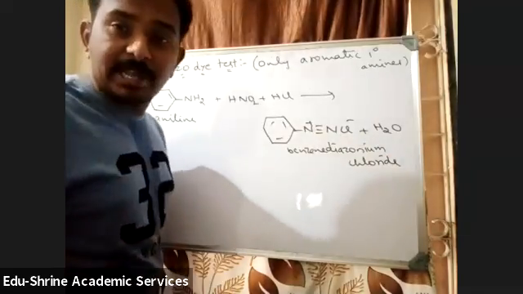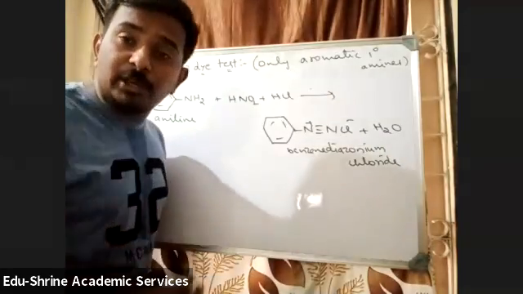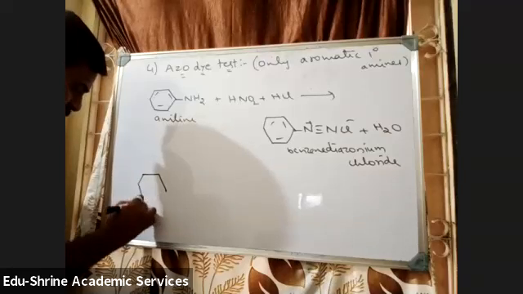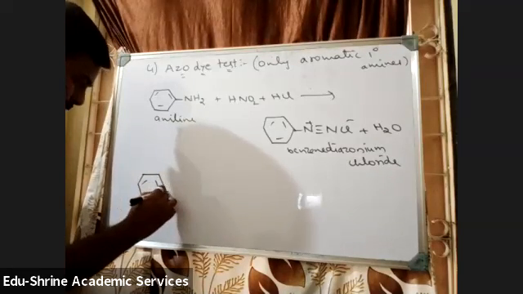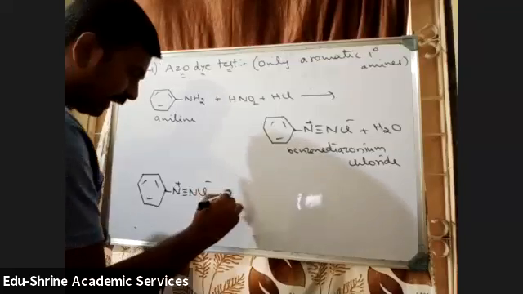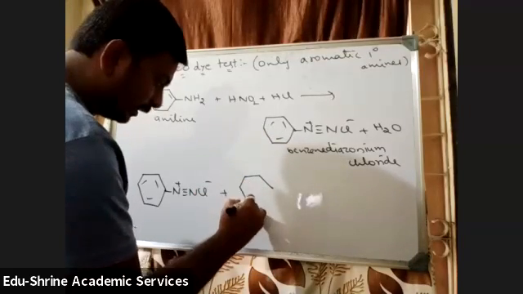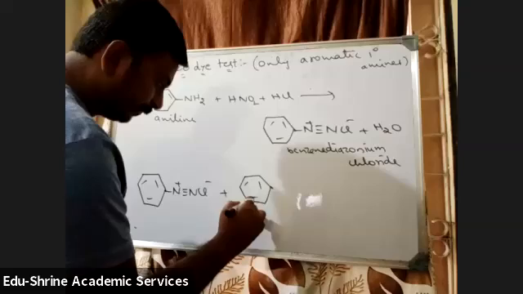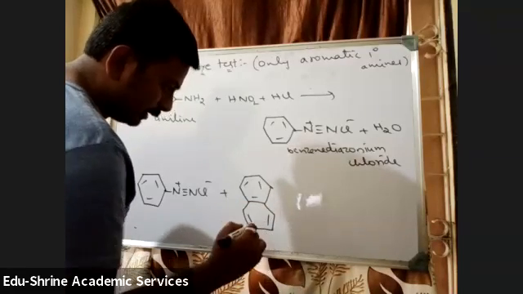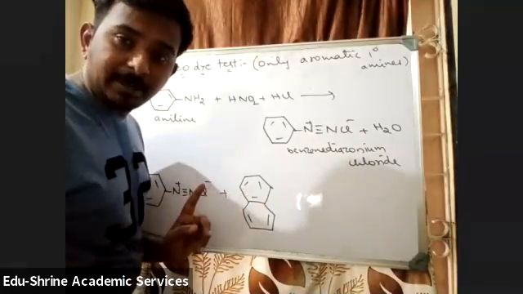This benzene diazonium chloride is made to react with beta naphthol, students. What is beta naphthol? Two benzene rings are present here, right?